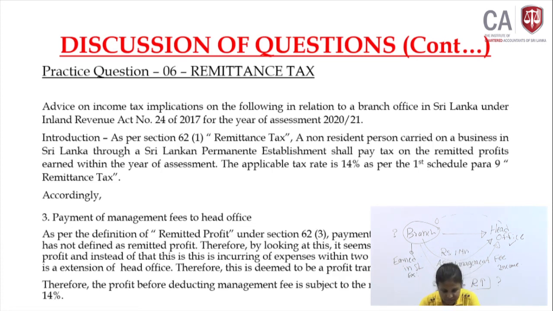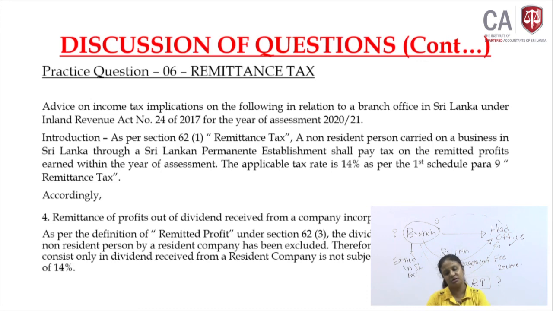Then we will go for the next one, the last question on the remittance tax. Remittance of profits out of dividend received from a company incorporated in Sri Lanka. We are remitting a profit which remains in the branch office account, and the entire profit consists of the dividend which we have received from the resident company in Sri Lanka, which is excluded from the remitted profit.